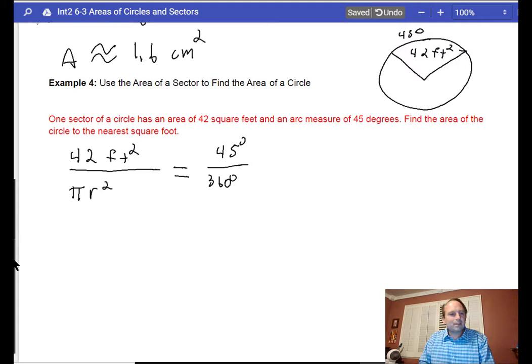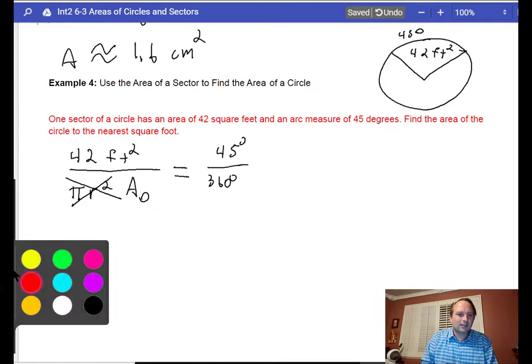It's on the bottom. That's not good. I'm going to multiply it so it's now on the top. Except, yeah, it says find the area of the circle. So I want this as the area of the circle. I don't want to do anything with it. I just want area of circle. So I'm going to leave it like that.